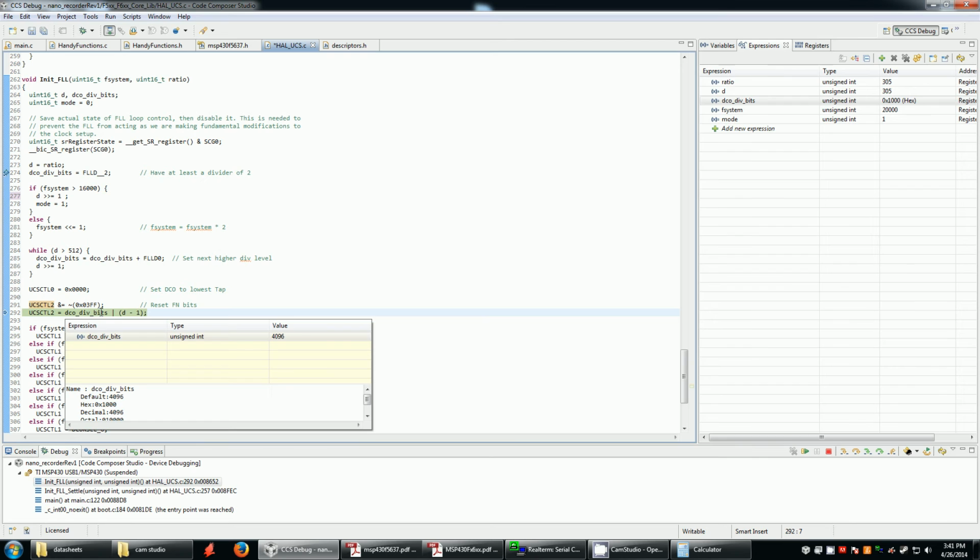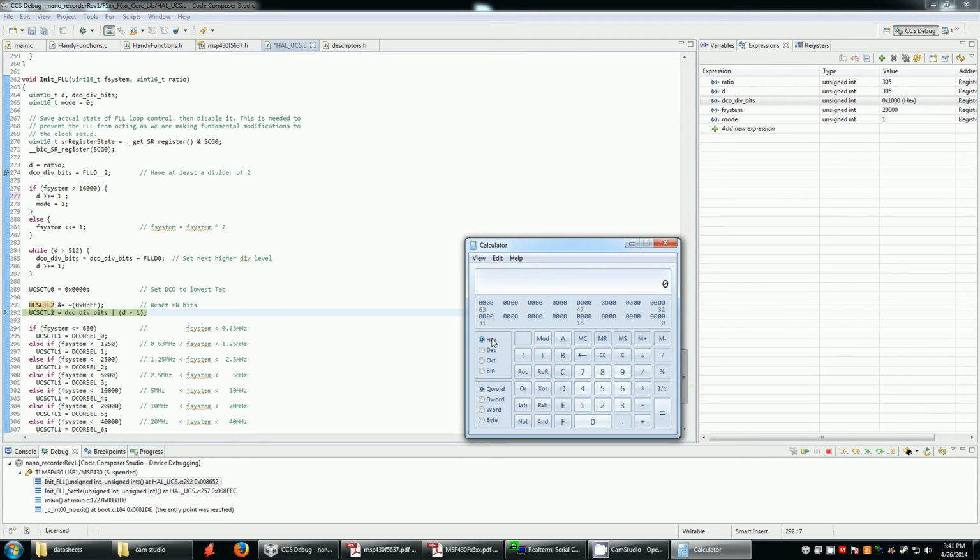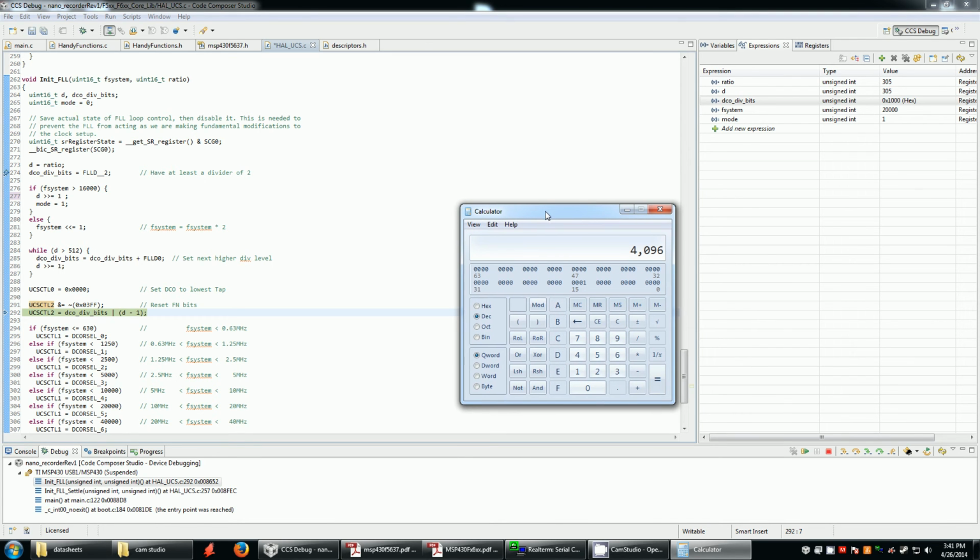And so D minus 1 is going to give us 304, and then you OR that with this DCO div bits. But remember, DCO div bits is 100 in hex, which is a pretty big number. So if we do programmer hex 1, 2, 3 decimal 4096, right? So what you're effectively going to do is add D minus 1 to 4096, right?